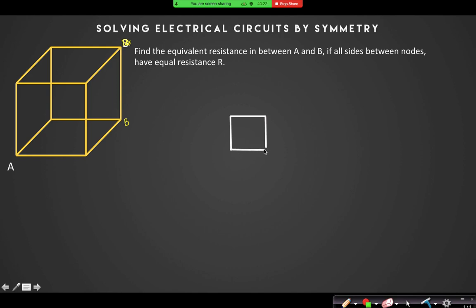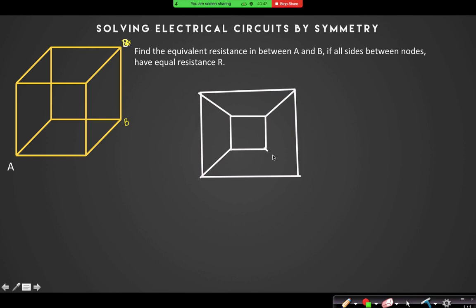You can see this is a square, and you will see another square like this. Yes or no? And this point is A, B, and all these points are joined like this. Basically, you have to find the equivalent resistance between these 2 points, right?